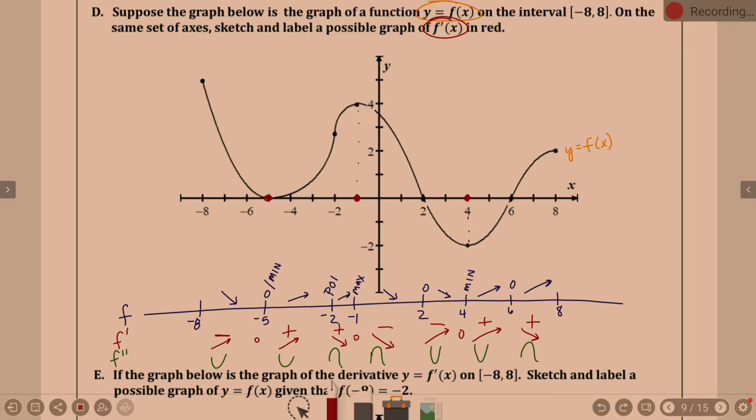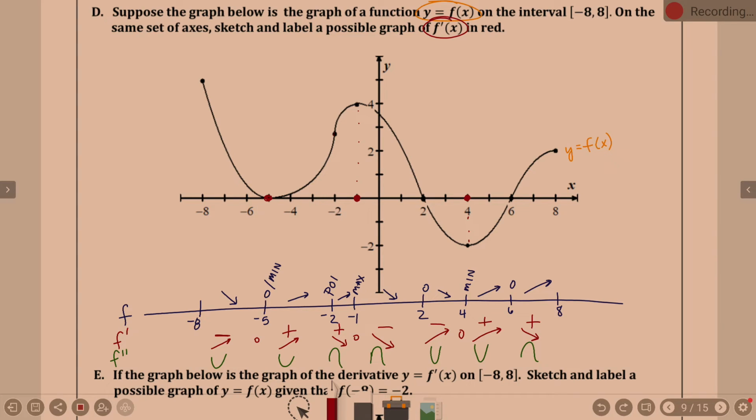Points of inflection are critical points of the second derivative, right? So that means they are zeros on the second derivative. Zeros on the second derivative are going to become mins and maxes on the first derivative. So here, we have an inflection point. That's going to be a min or a max.